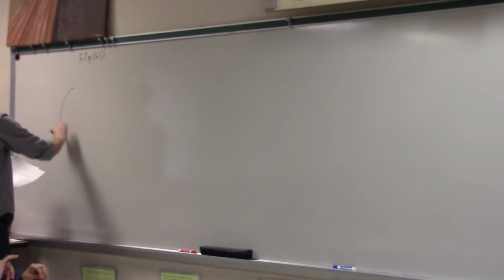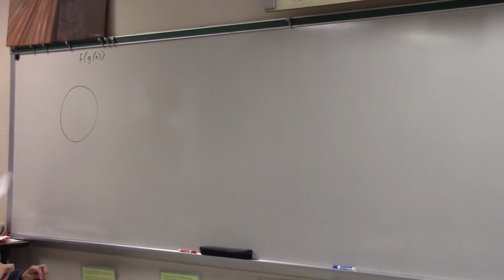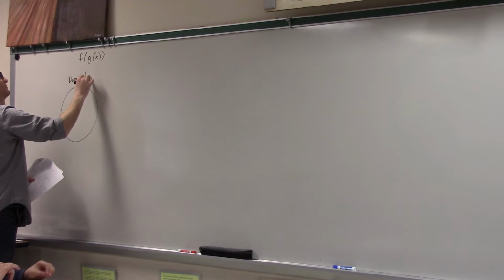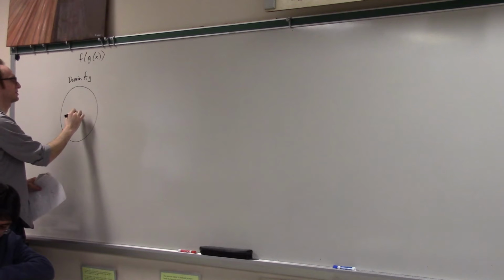Where does he go first? Into g, and then the output goes into f. Right, so in fact, what we could imagine is that x lives somewhere over here in the domain of g. So this is the domain of g, and so x lives here.